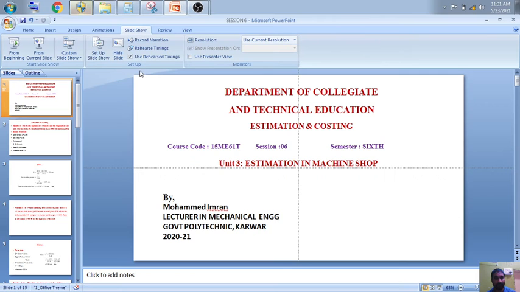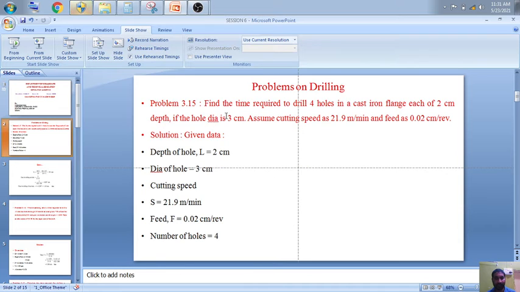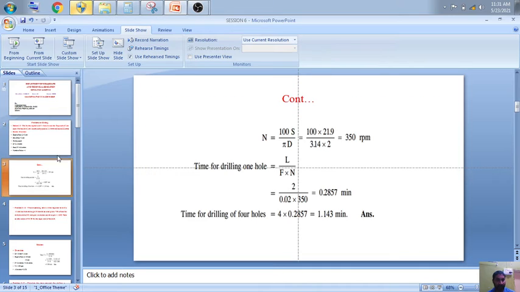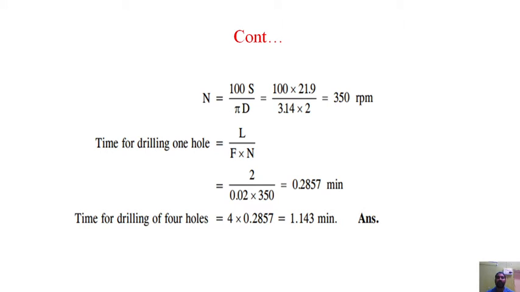Both the diameter and the depth of the hole are 2 centimeter. So length is 2 centimeter here. Feed is 0.02 centimeter per revolution, and RPM you have calculated here to be 350.